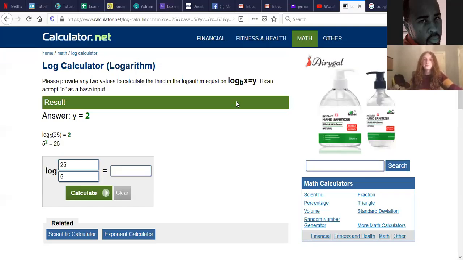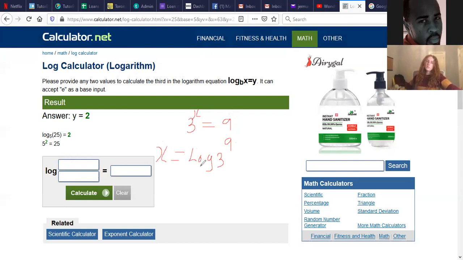Okay, so what we had on the board was 3 to the x equal 9. We're saying that it's the same as log: the 3 becomes the base, log base 3 of 9, and that is equal to x.